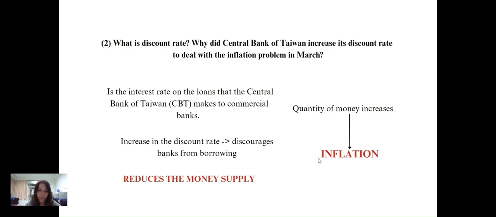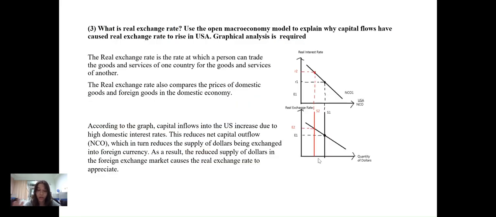And when banks borrow less, they have fewer reserves to lend out, which reduces the overall money supply in the economy. As we have discussed this semester, the primary cause of inflation is the growth in the quantity of money. Therefore, by reducing the money supply in the economy, inflation can also be decreased.